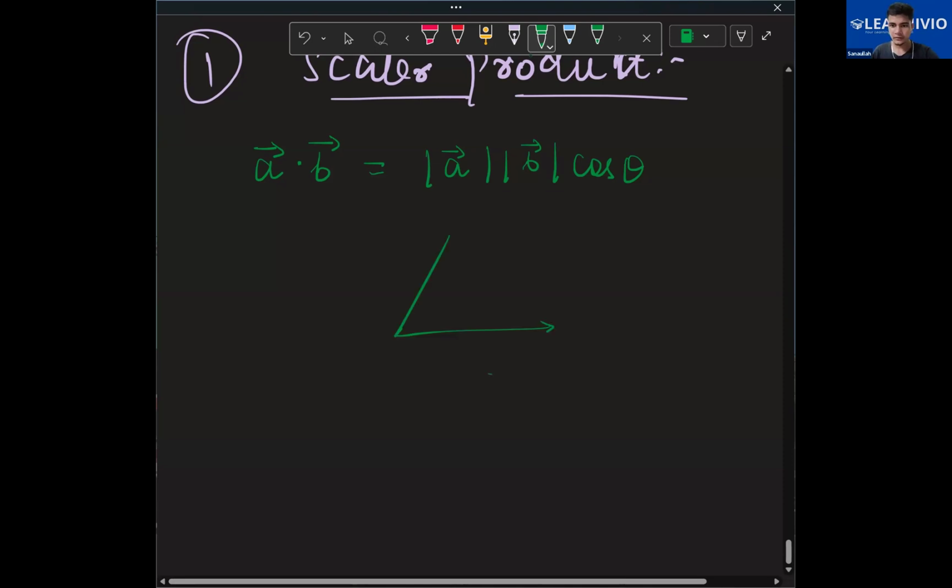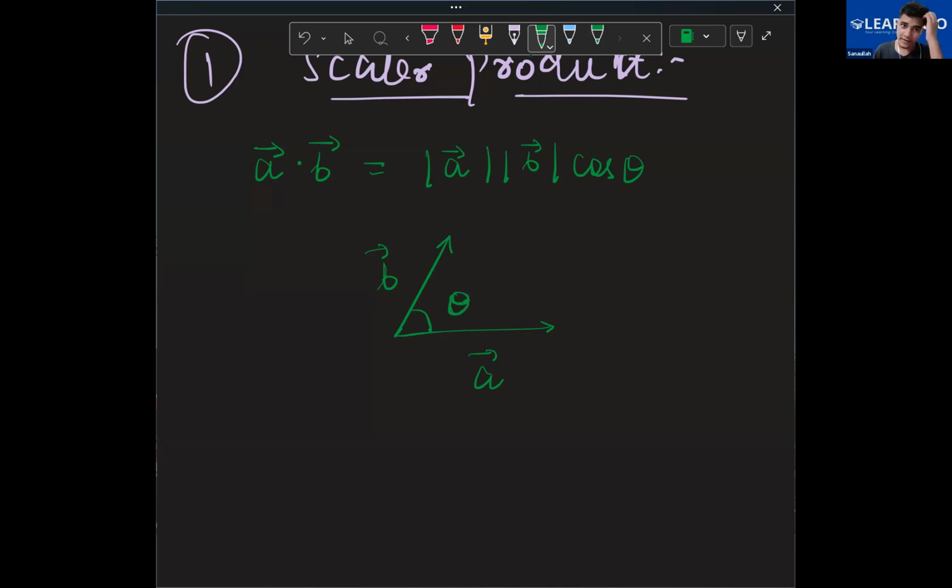If this is your A vector and this is your B vector, then theta is the angle between both the vectors, A vector and B vector. So if you know two vectors and the angle between them, you can easily find the scalar product of those two vectors. I hope this is clear. Is it clear? Yes, sir.